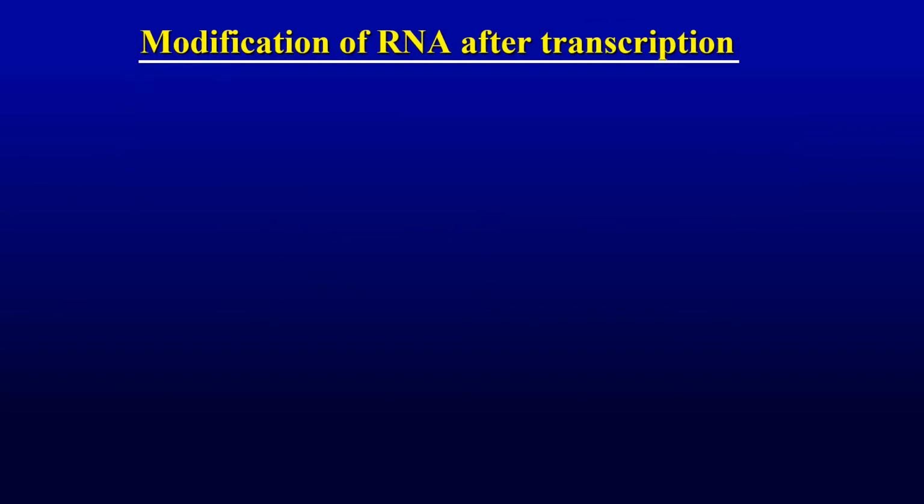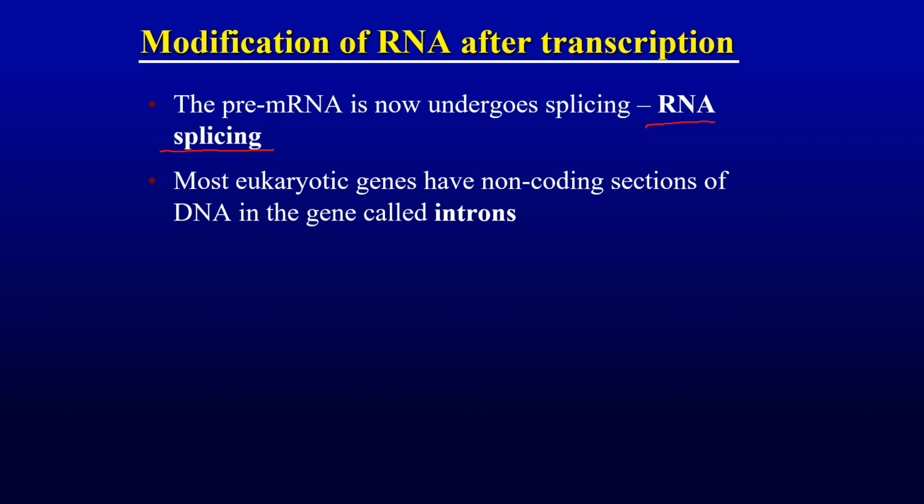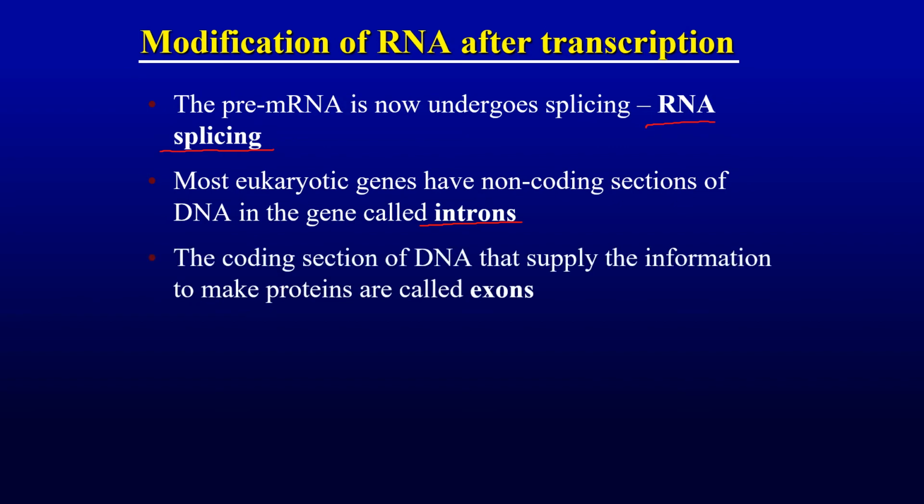Okay, so the next part of modification of the messenger RNA is called RNA splicing. Remember, most eukaryotic genes have got these non-coding sections of DNA in them called introns. They don't do anything, they're non-coding. And you've got coding sections of DNA that we call exons. These are the important ones.